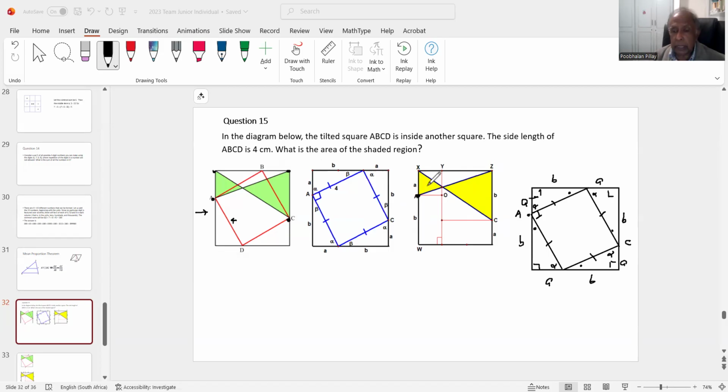To calculate this shaded area, wherever they intersect, I'm going to draw a line going through the intersection perpendicular to this. In other words, I draw a line parallel to the side here.